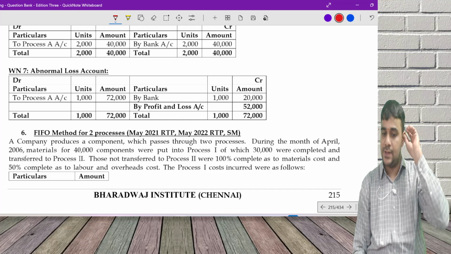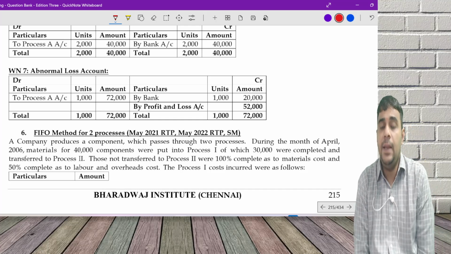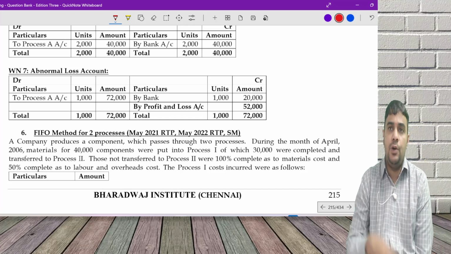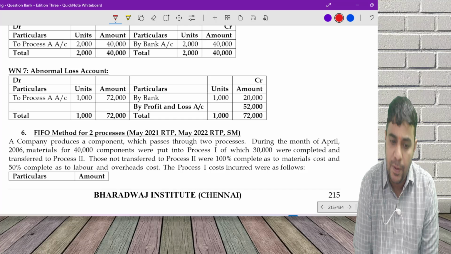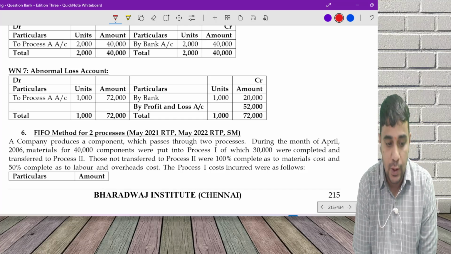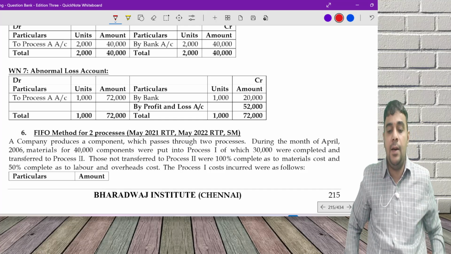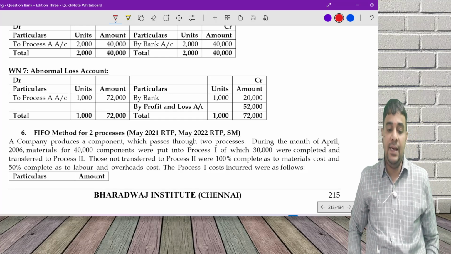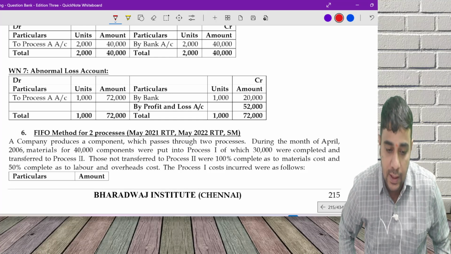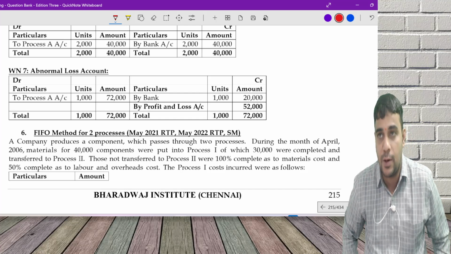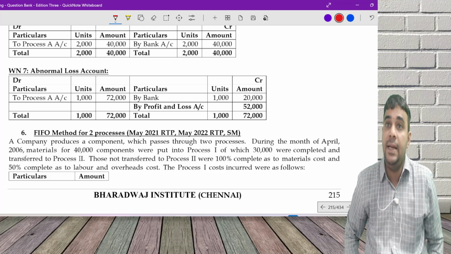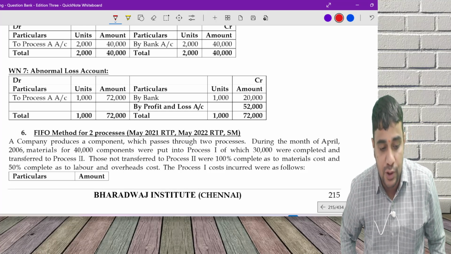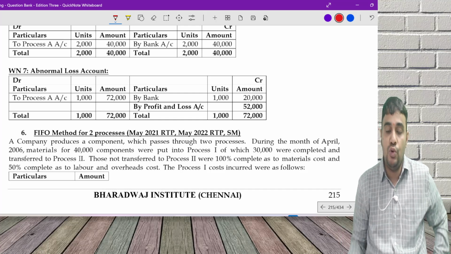Let's come to question 6. A company produces a product. I'll do a small part of it today, and in the next session we continue, which passes through two processes. During the month of April 2006, materials of 40,000 components were put into process 1, of which 30,000 were completed and transferred to process 2.